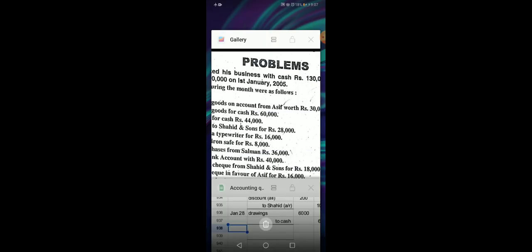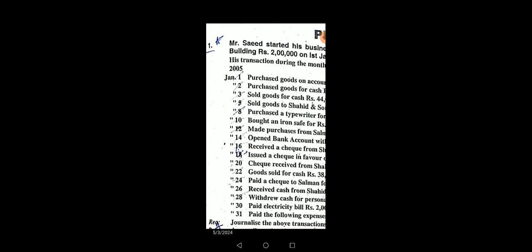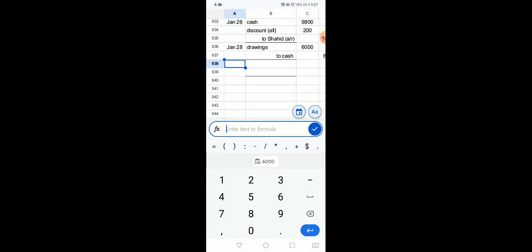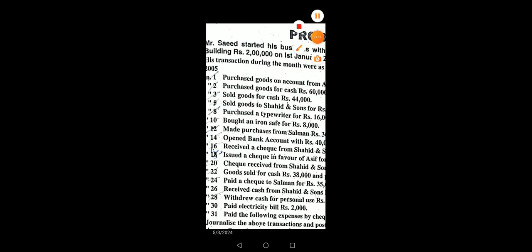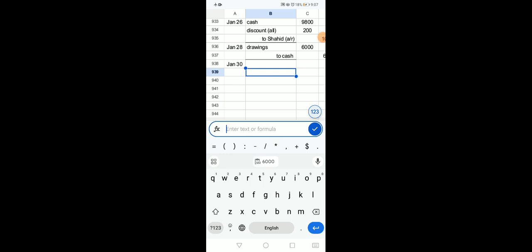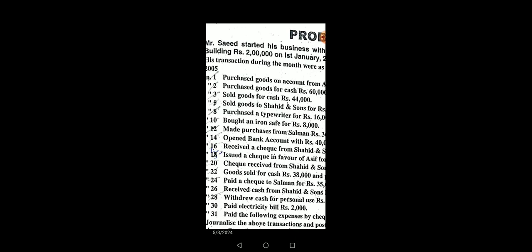After 28, let's see what is next. That is January 30. Put the date first, January 30, and now let's see what January 30 is saying. Paid electricity bill. As you are paying it, cash in hand in the business is decreasing. It means asset is decreasing. A decrease in asset should be mentioned on the credit side. So you will mention cash on the credit side because you are paying this cash. For what purpose have you paid this cash?